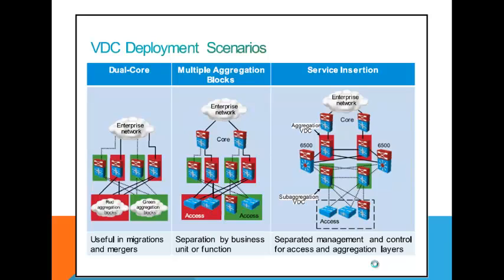Why do we need that? If I have two data centers to be merged, I need two sets of Nexus devices. Why do I need a set of devices? For redundancy. If one Nexus device undergoes some maintenance, the other Nexus core device can back up. So for each data center I need two Nexus boxes in core, one active and another standby.